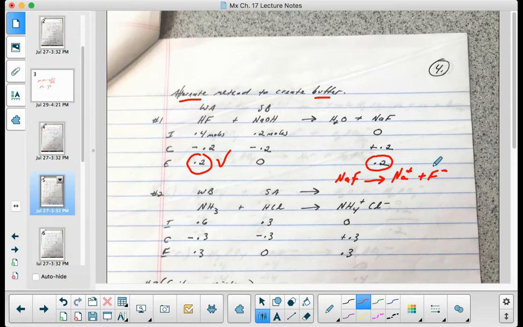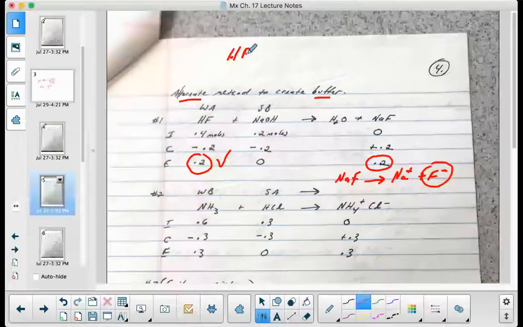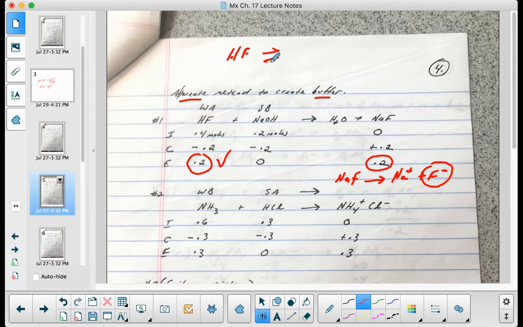And I have 0.2 of this, the conjugate base, as well as the weak acid, because remember, HF in equilibrium turns into hydrogen ion and the fluoride ion. So all I need for my buffer is to have present some of this and some of this, which I would have if I mix these amounts together.